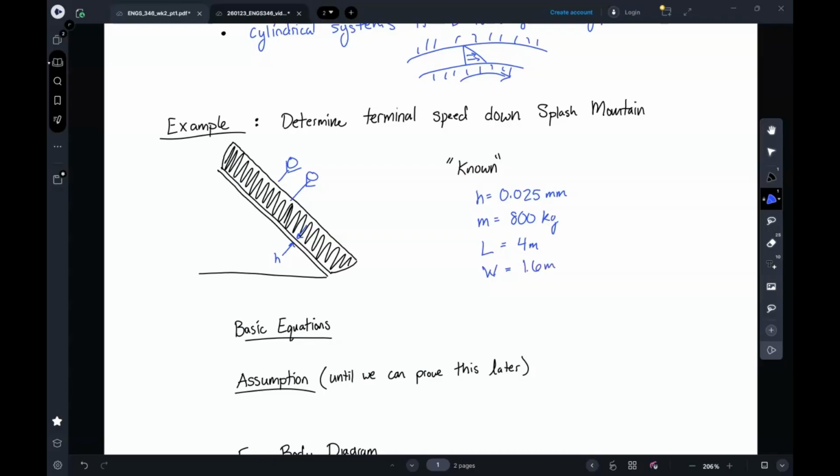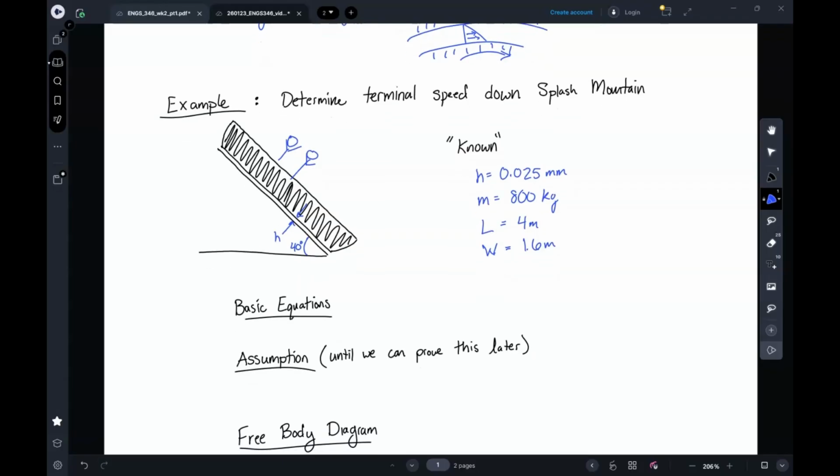So you have enough room for two people next to each other. And you're going down Splash Mountain, and you go at an angle of about 40 degrees. Okay. So that's how you're traveling down Splash Mountain on this really thin layer of water at 40 degrees. And we're going to try to find what's our terminal velocity, terminal speed.